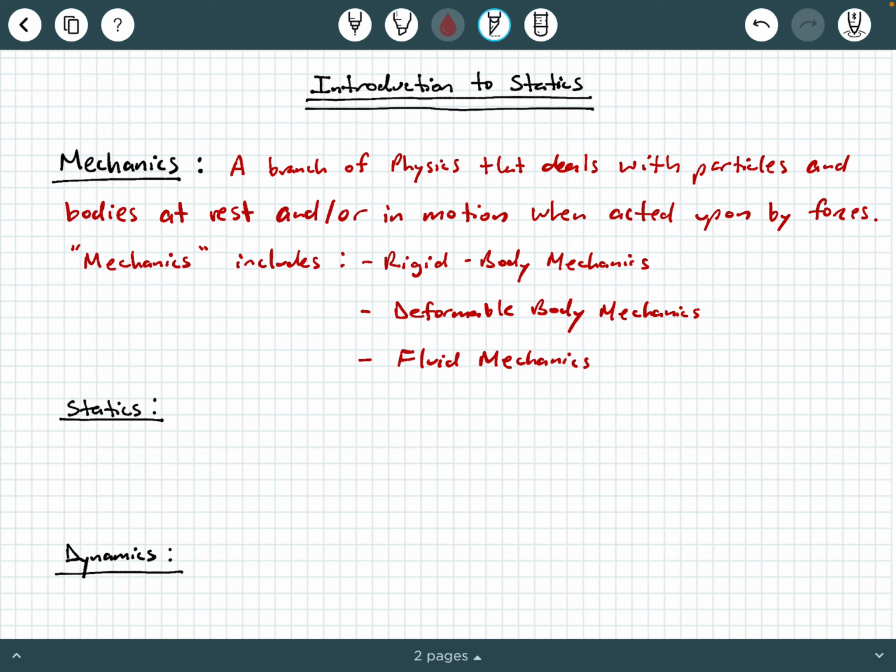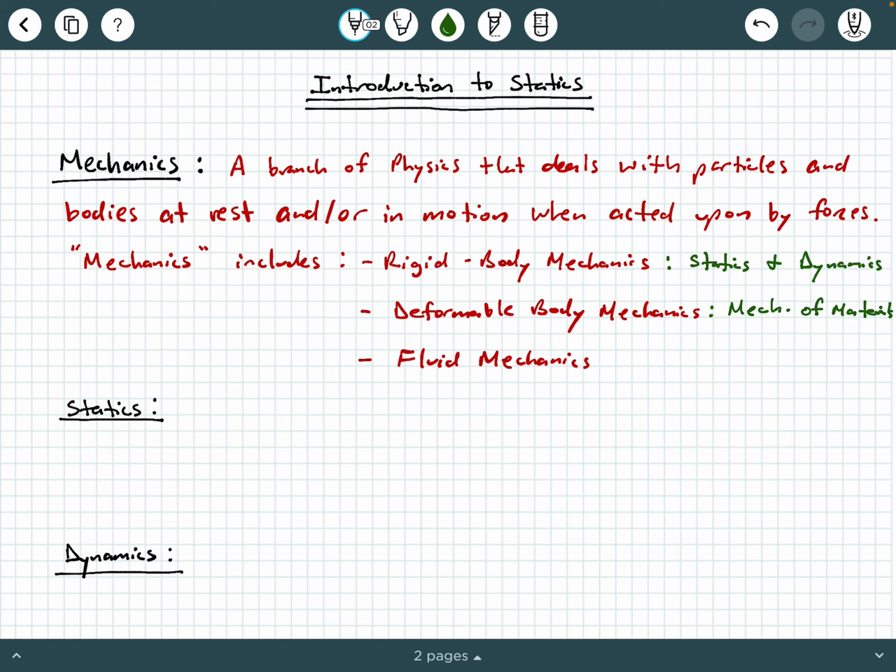Now, rigid body mechanics, let's write this down. Rigid body mechanics, that's what typically we label as statics and dynamics, okay? Deformable body mechanics typically includes what we call mechanics of materials.